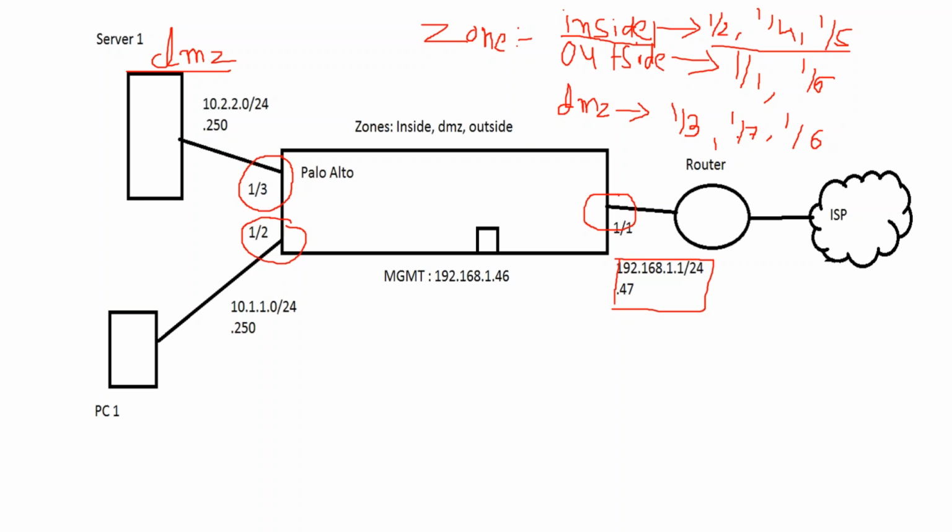Now the next step is an important one. Let me change the color here. Suppose this is my user one, right? Now this user one wants to access internet resources.